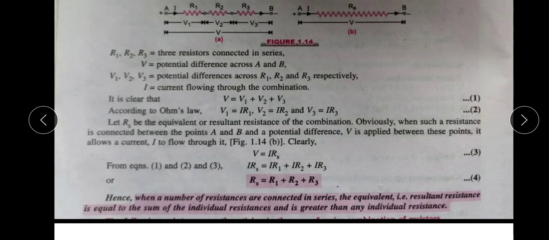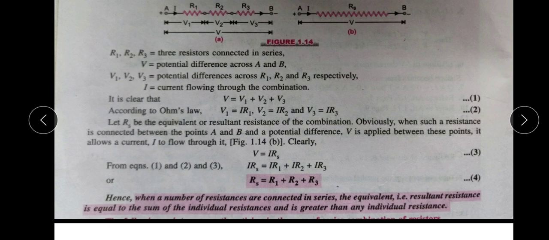Okay. Rs is the total resistance, R1 is the resistance of the first resistor, R2 is the resistance of the second resistor, and R3 is the resistance of the third resistor. That is Rs equal to R1 plus R2 plus R3, which means when three resistors are connected in series, the total resistance is the sum of individual resistances.